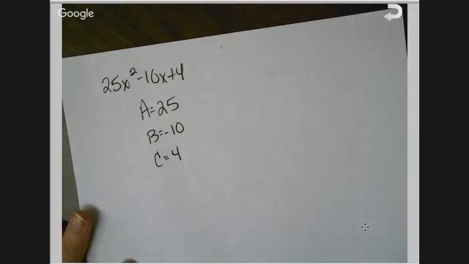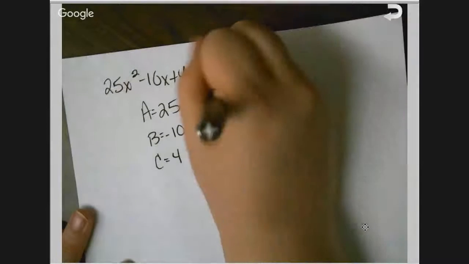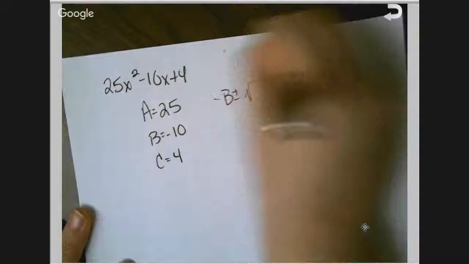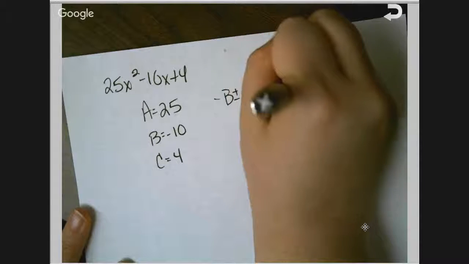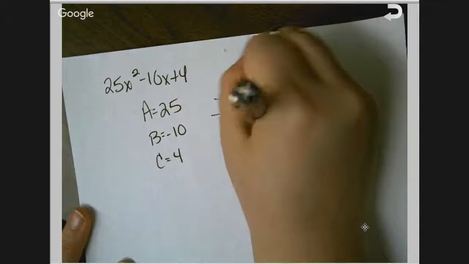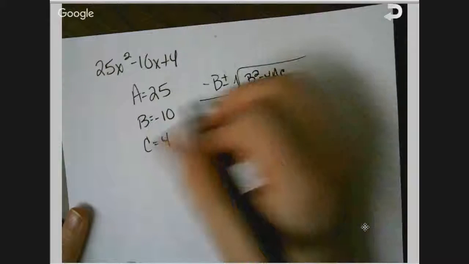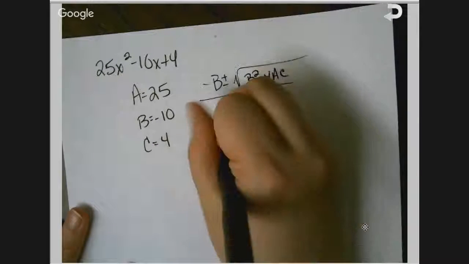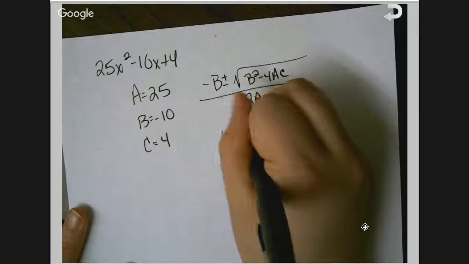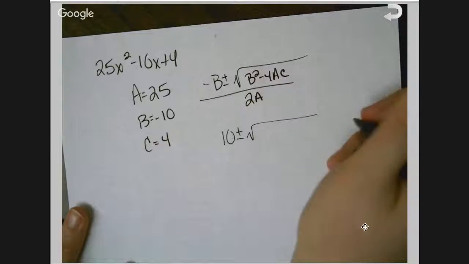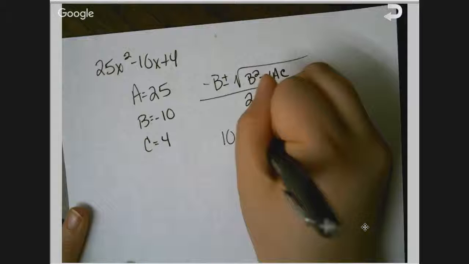You start plugging these numbers in. So I'm going to go ahead and write my formula down. Negative 10 is a positive 10, plus or minus the square root of negative 10 squared.